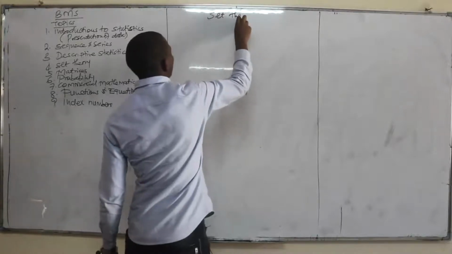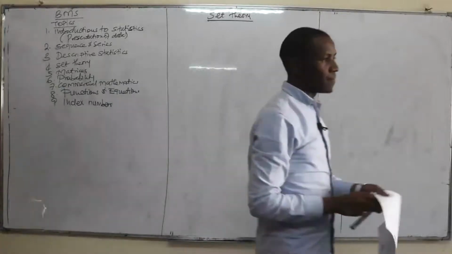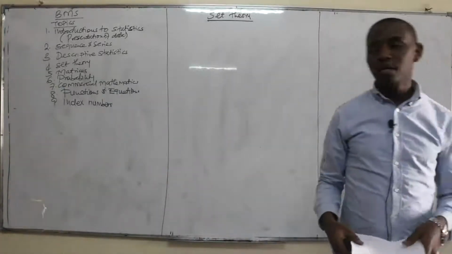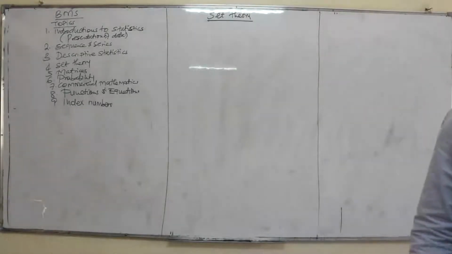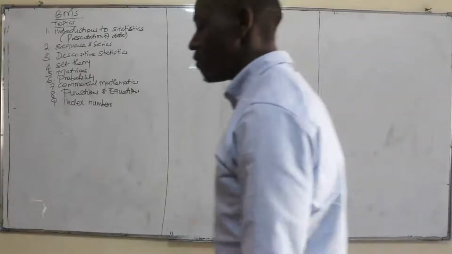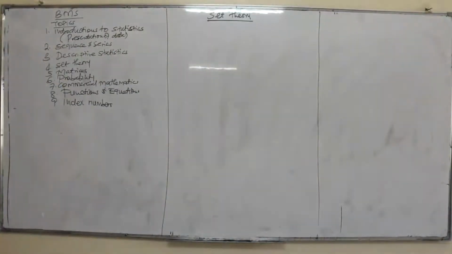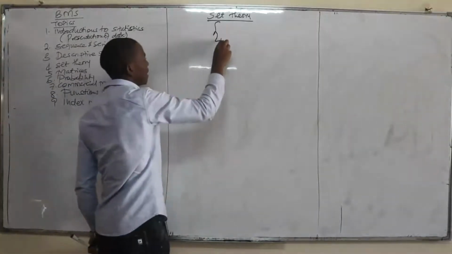Set theory. Now, when you talk about set theory, this is a group of items that are enclosed within what we call curly brackets.